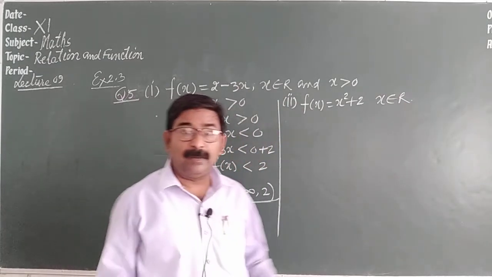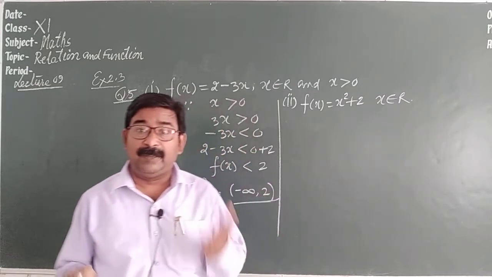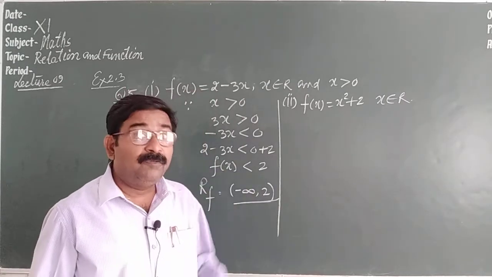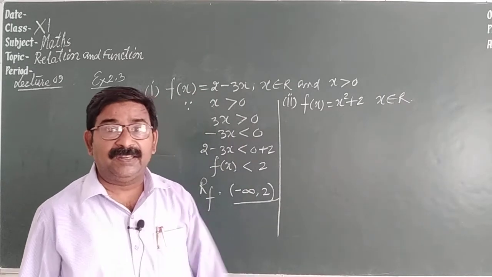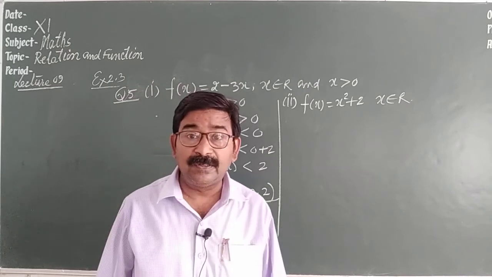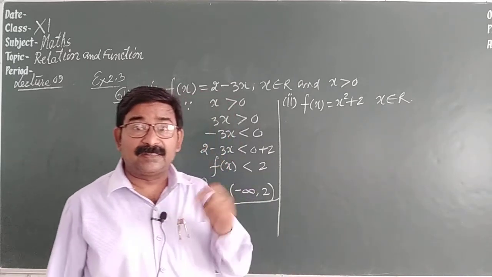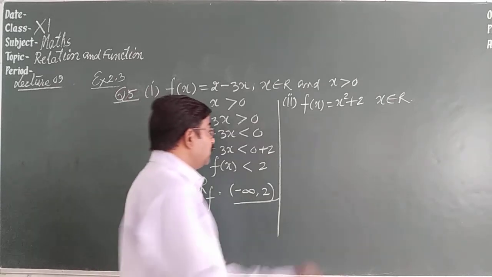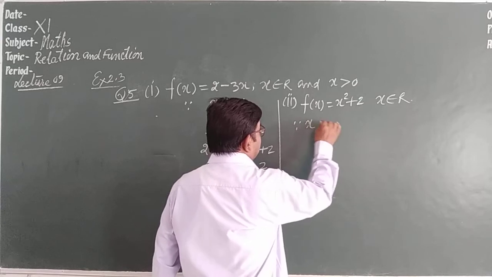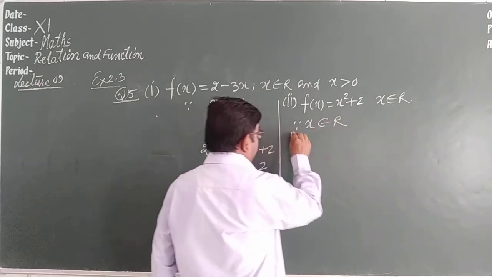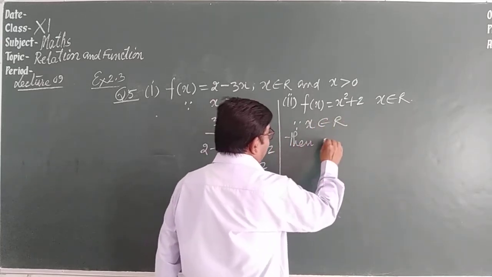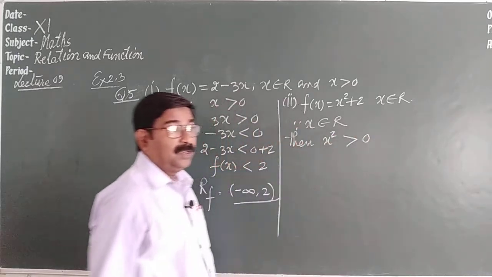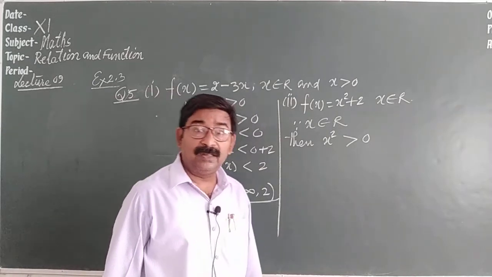A real number may be negative, may be positive, may be a square root, cube root, whatever it is. When you find the square of any real number, it is always positive. Try to understand. Since x belongs to R, we can say x square is more than 0.